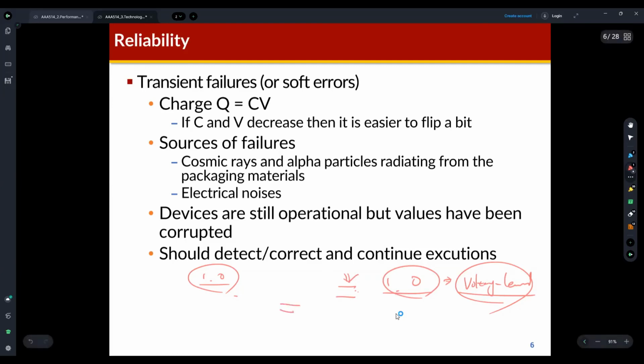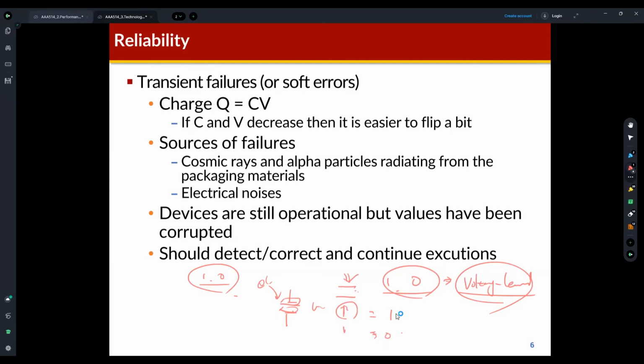So this is the capacitor, and the electric charges are stored in these capacitors. If the amount of electric charge is high, is large, then the voltage level is high, which means it's 1. And if the amount of electric charge stored in the capacitor is very low, then the voltage level is low, which means 0.